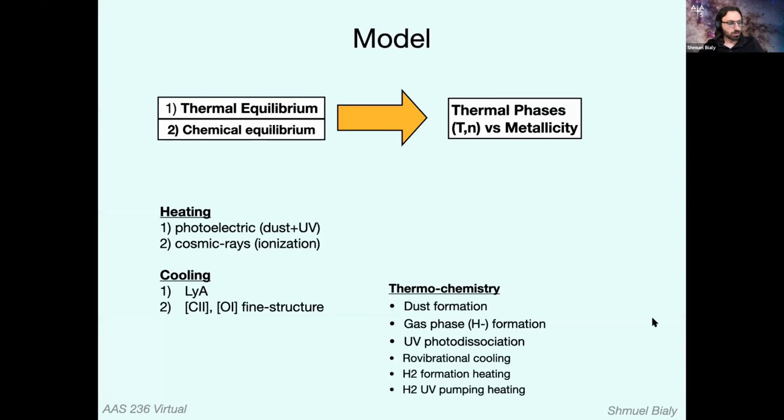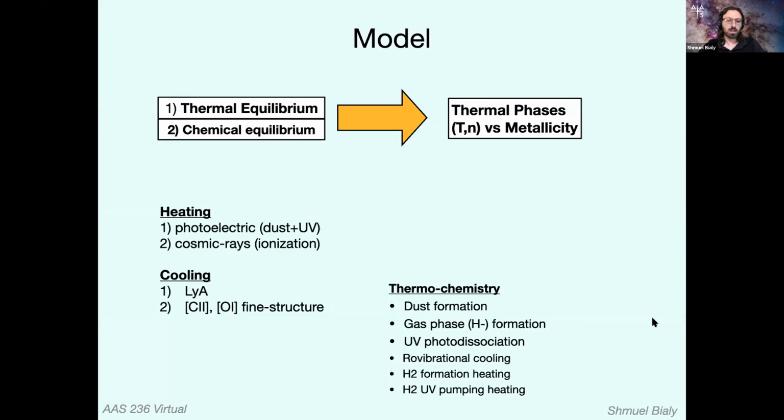I'll just briefly introduce the model. We solve the equations of thermal equilibrium, heating equals cooling, and chemical equilibrium, with different formation and destruction mechanisms of molecules, especially H2. Heating is dominated by photoelectric heating from UV radiation and cosmic ray heating, which is important at low metallicity.